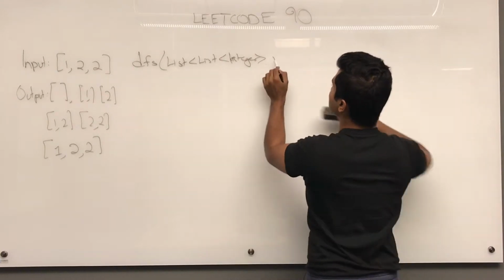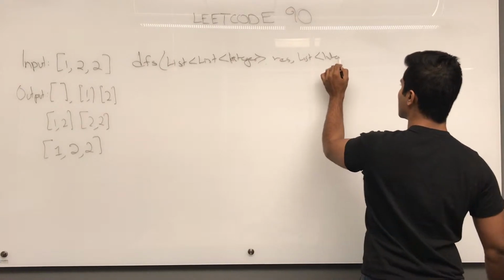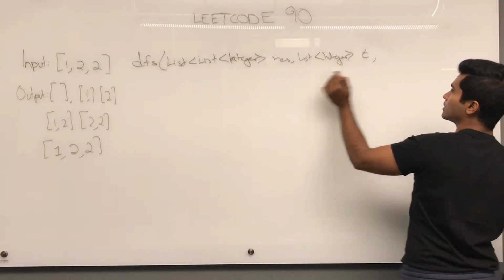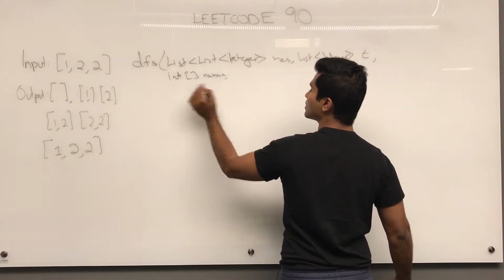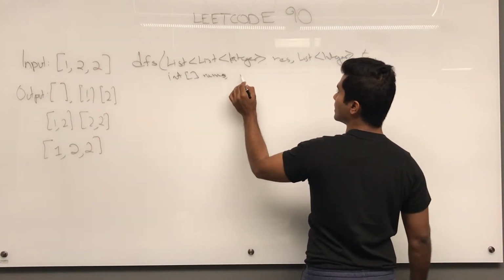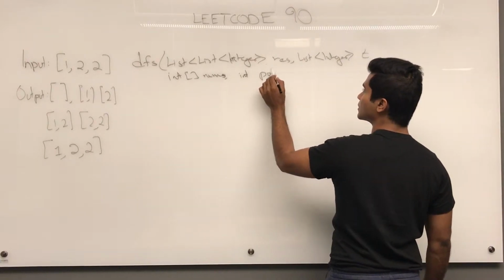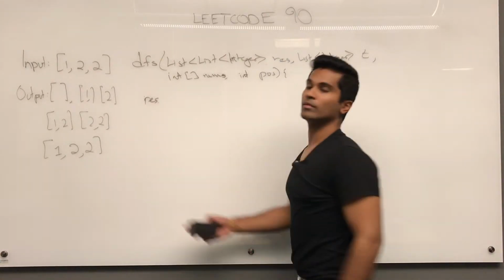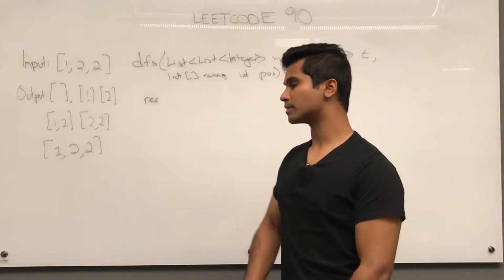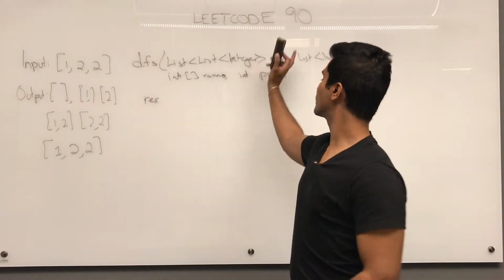Call this res, call this t for temp, integer array nums, and then int pos for position. So first thing we're going to do at the beginning of our recursive stack is always add the temp that was passed in.